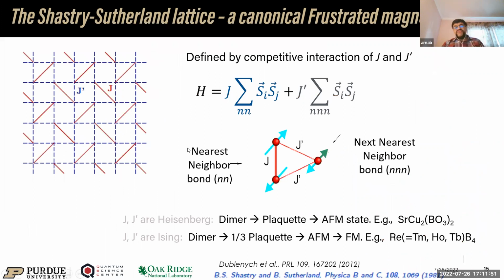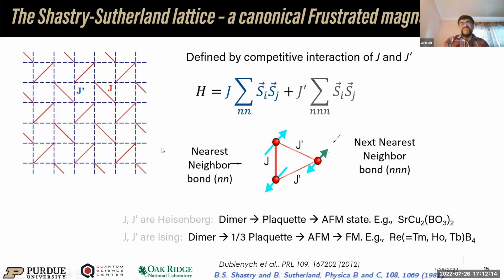The reason why this is a frustrated model is because you see these triangles. There is a triangle here, a triangle here, a triangle here. Each triangle is basically frustrated. The reason is that if you have antiferromagnetic interactions, J and J prime, then in a triangle, if you have Ising spins, you can never fully solve the triangle.